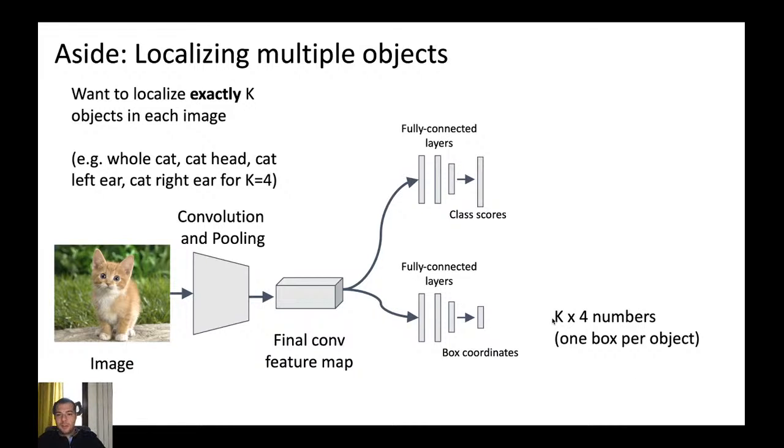The only limitation here is that the network will be restricted to predict exactly k object detections, so it is not applicable to more generic images where we don't know the number of objects in the image.